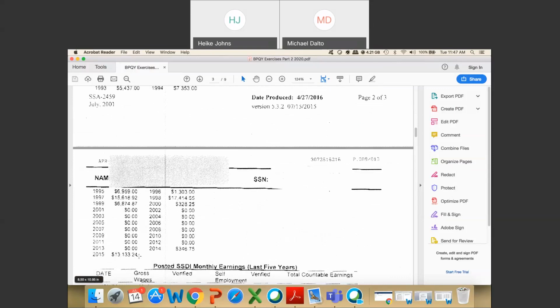So nothing after December 2015. Step 4 says ask the beneficiary if they've had any earnings since the most recent of the dates in step 2. So you ask the person, have you had any earnings after December 2015? Let's say they say no.